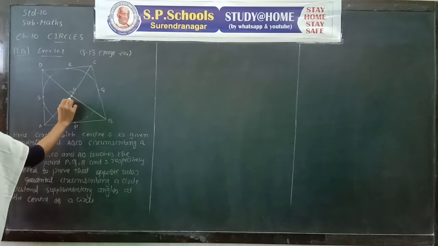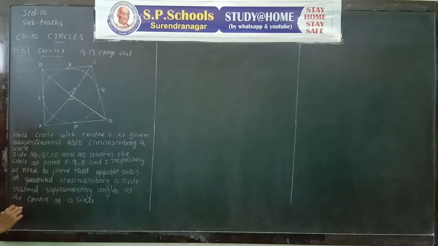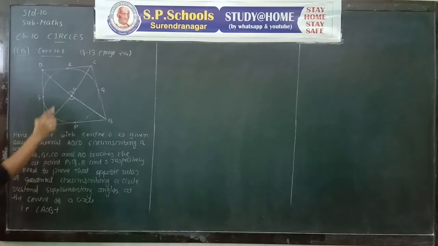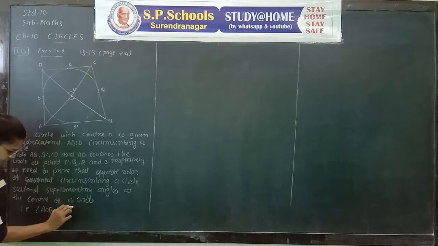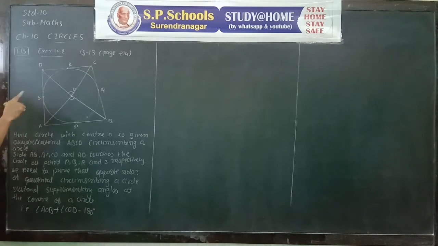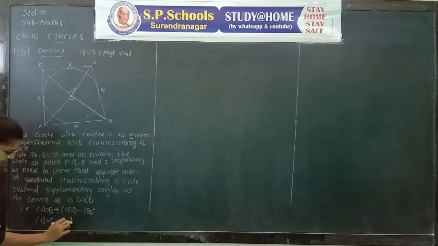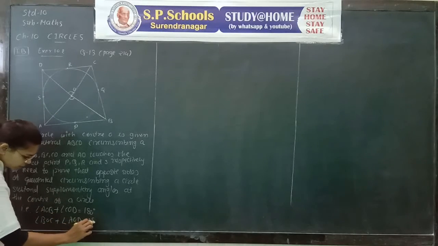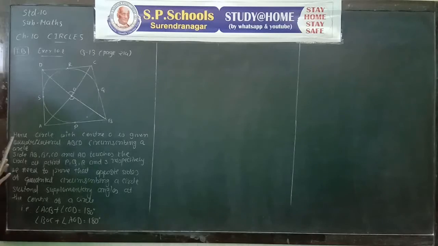These two angles are supplementary. That is angle AOB plus angle COD is equals to 180, supplementary means addition is 180. Then for the other two opposite sides, AD and BC, angle BOC plus angle AOD is equals to 180 degree.